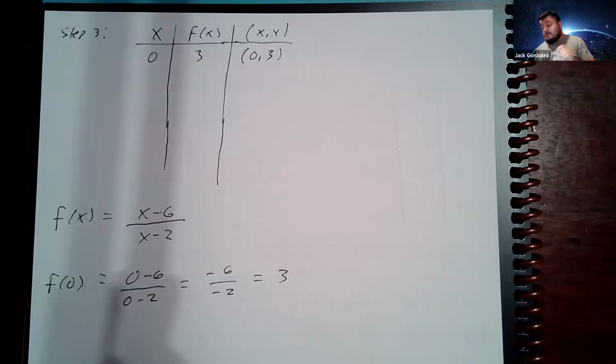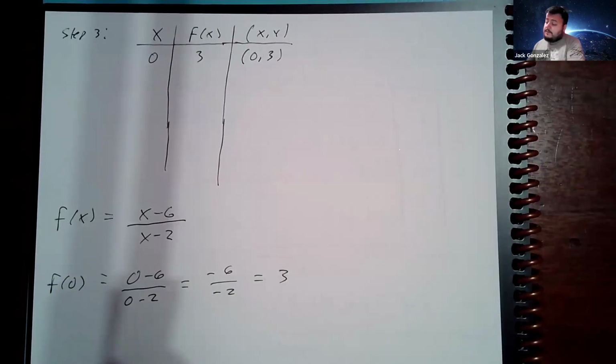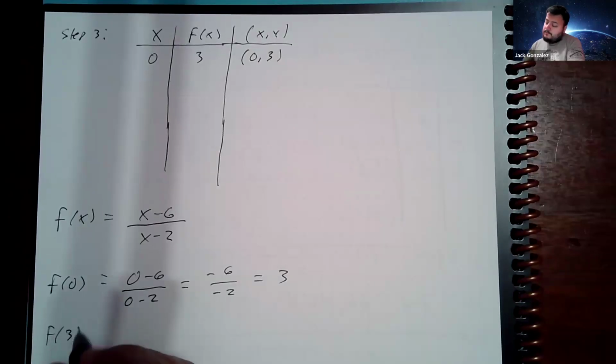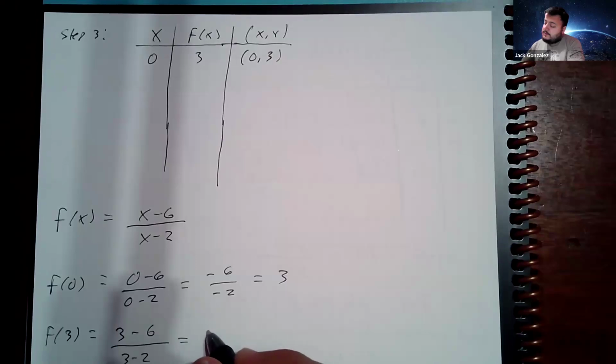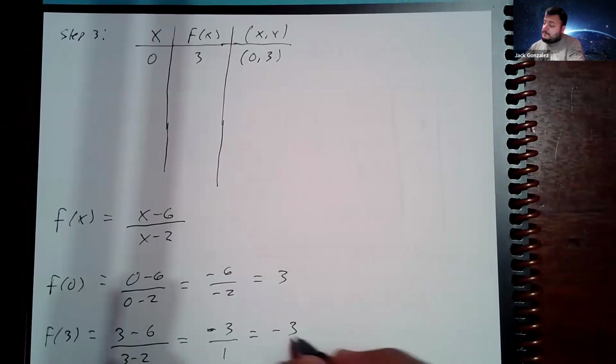So now I'm going to choose another easy one. 3 maybe? 3 minus 6 over 3 minus 2, that will be negative 3 over 1, which is negative 3.